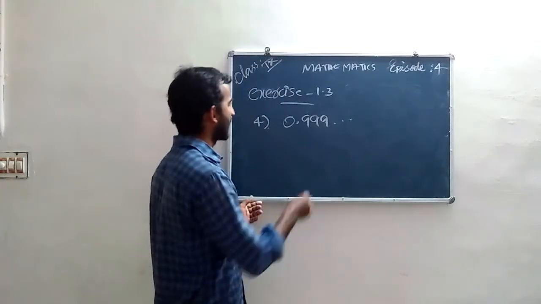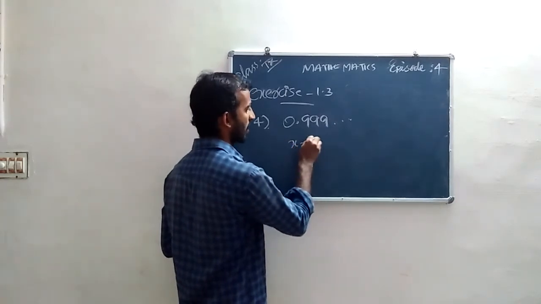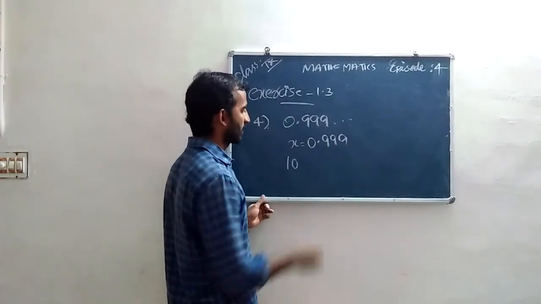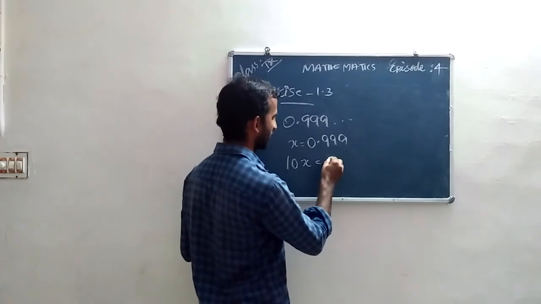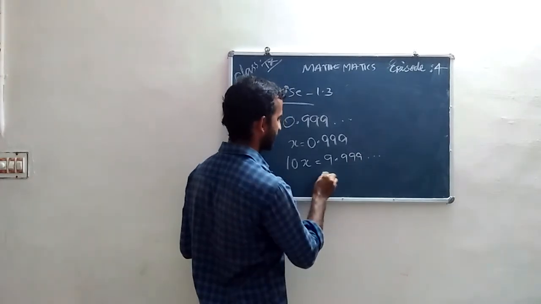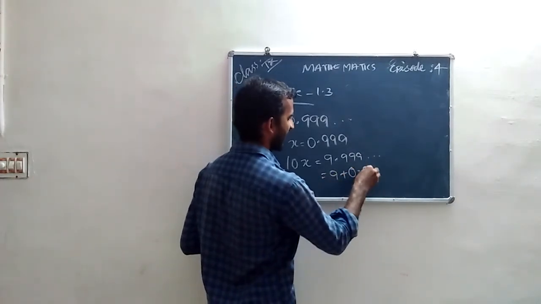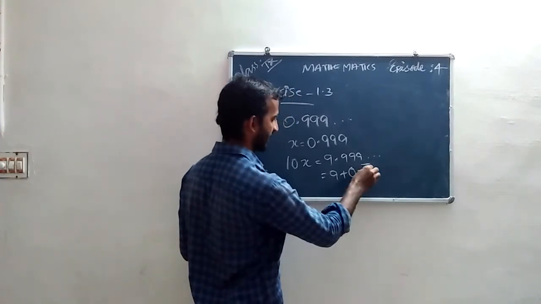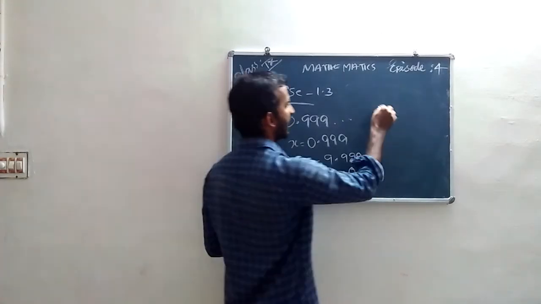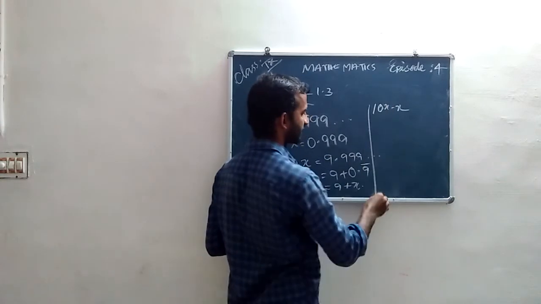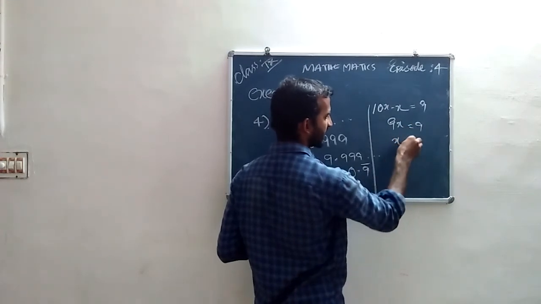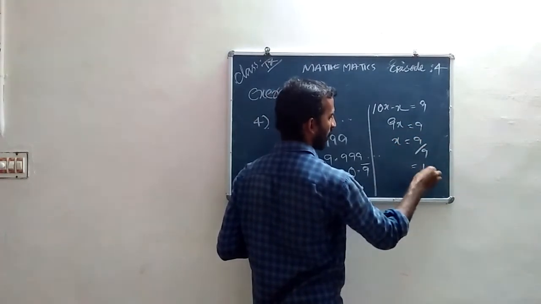Here we take x equal to 0.999 etc. Here one digit is repeating, so 10x equal to 9.999 etc. That is 9 plus 0.9 bar repeating, that is 9 plus x. So 10x minus x equal to 9, 9x equal to 9. x equal to 9 by 9 equal to 1.